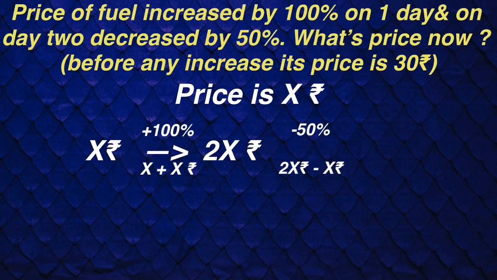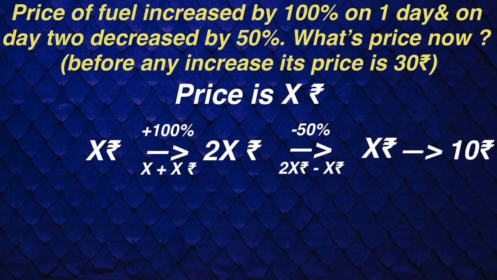On day 2 it decreased by 50%: 2X minus X is X rupees. This is the final price. Here X rupees is 10 rupees. That's the answer. So there is no change in price by the end of the second day.